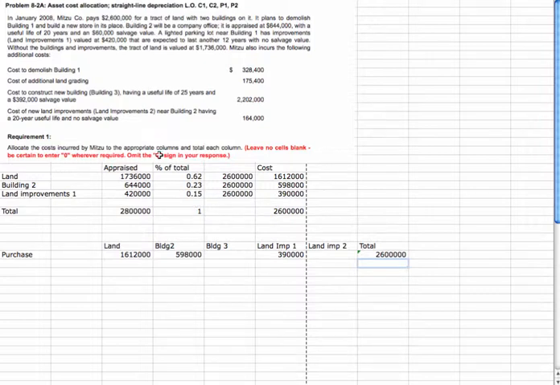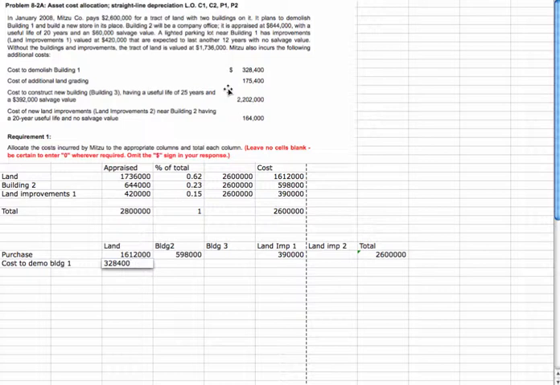Next, we can go through all the list of what we have. So the cost to demolish building 1, as it shows us here, is $328,400.